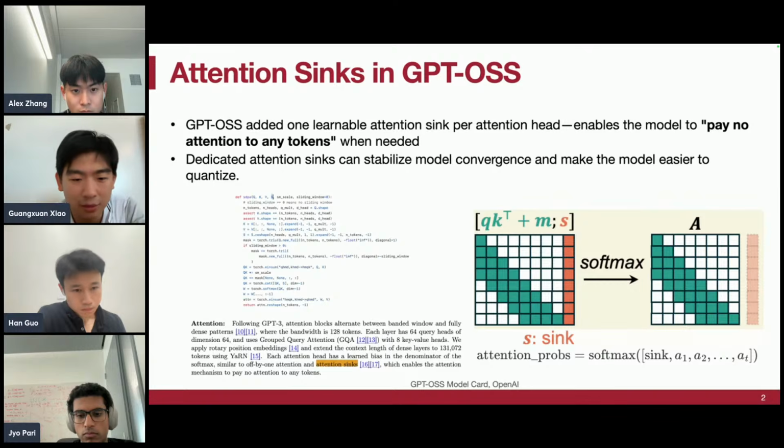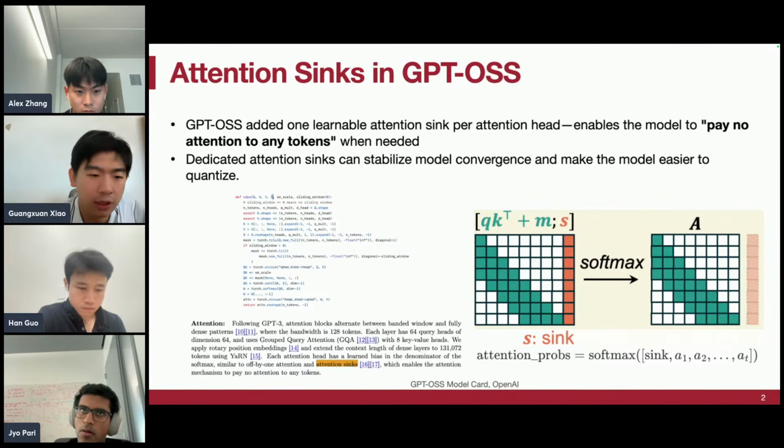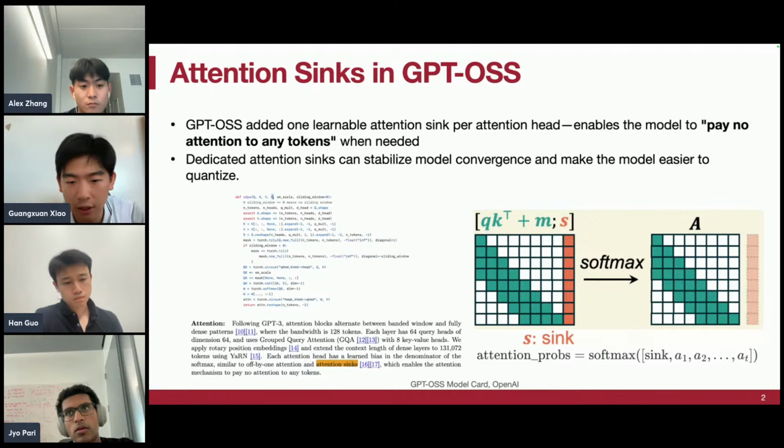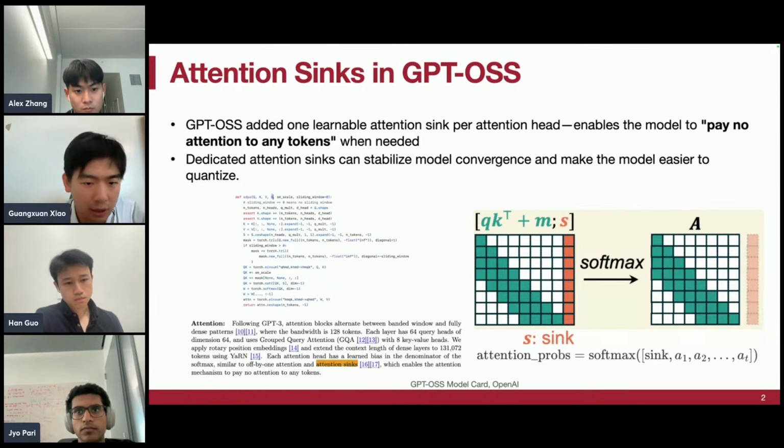It gives a learnable scalar in the denominator. And if you give the model a dedicated attention sync, it makes the learnable scalar more powerful because for each token you can have different sync values. So some tokens may have larger sync values to attend to. They can attend to the initial token more strongly, and some tokens can attend to the initial token less.